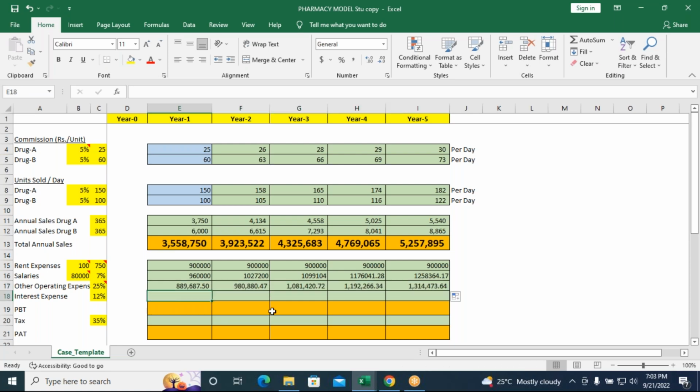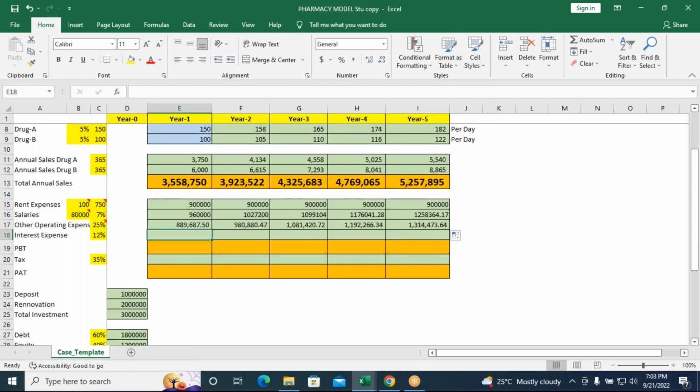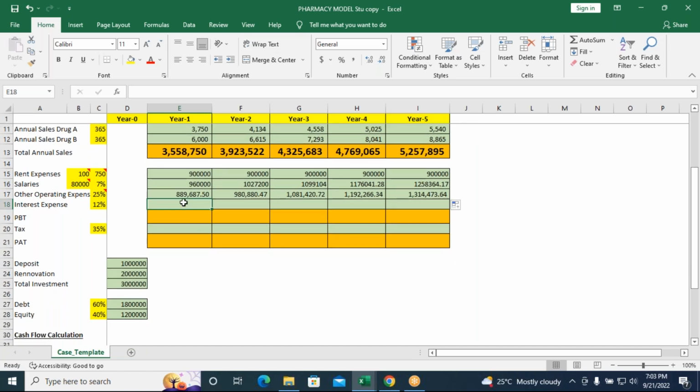Okay, now interest. So interest is calculated on what? The debt that is raised. So what is the debt amount? It is 1 crore 80 lakh into how much is the interest rate? 12%. Enter.